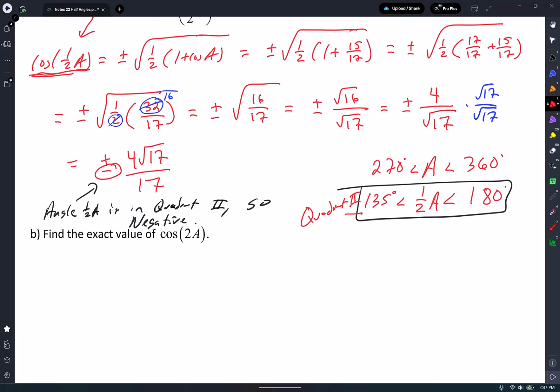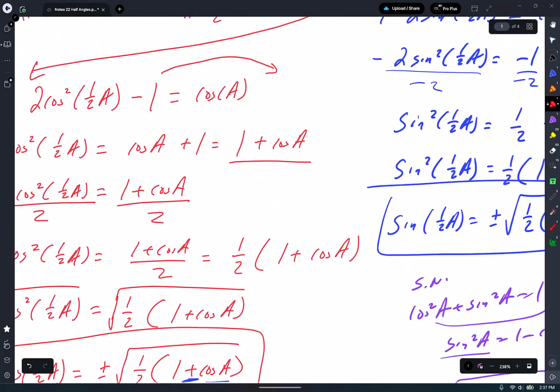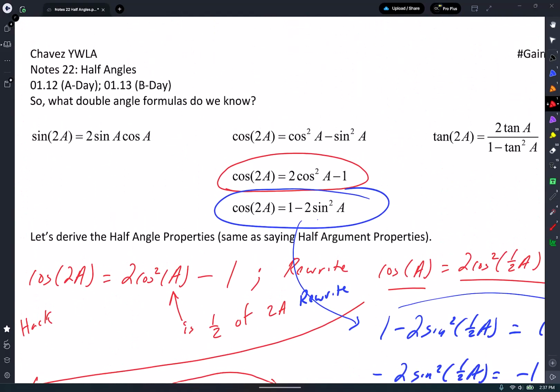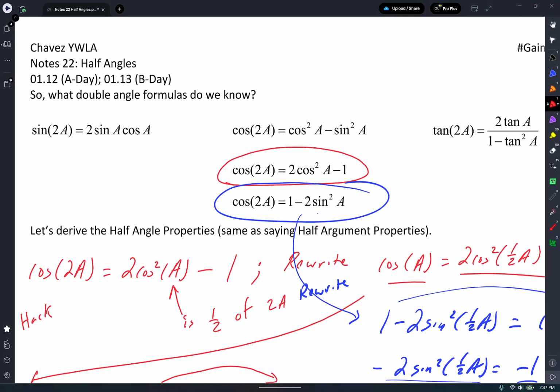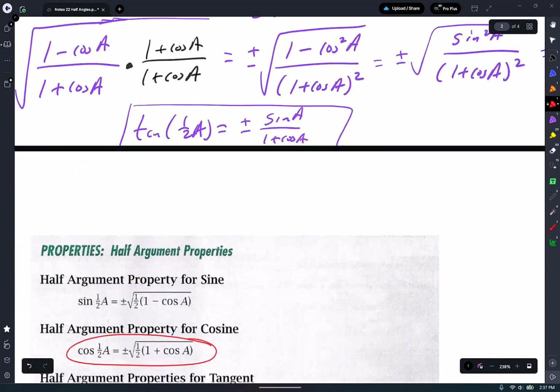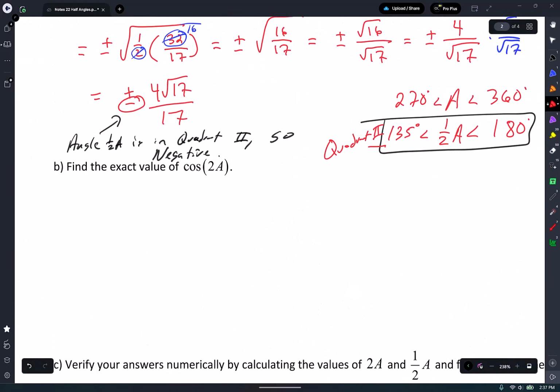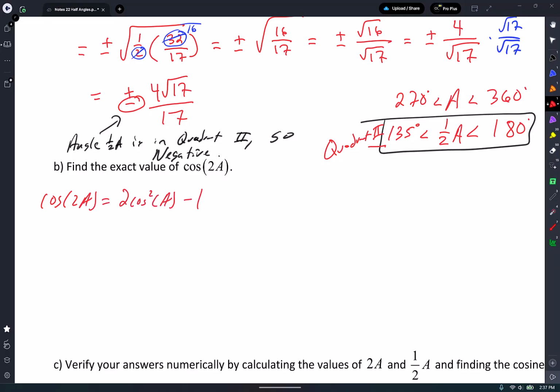Find the exact value of cosine 2A. This is what we did last week. So I come over here and I look at my notes. Well, I already have cosine, so I might as well use the one here in red. Cosine 2A equals 2 cosine squared A minus 1. So cosine 2A is 2 times cosine A, close it squared, minus 1.